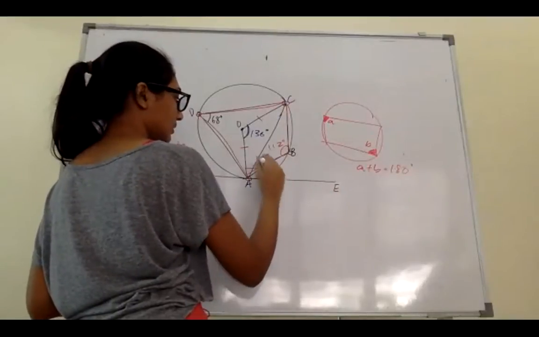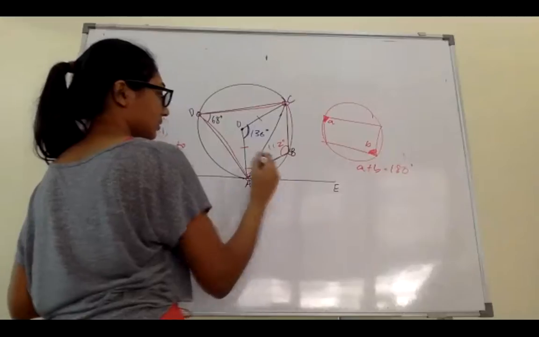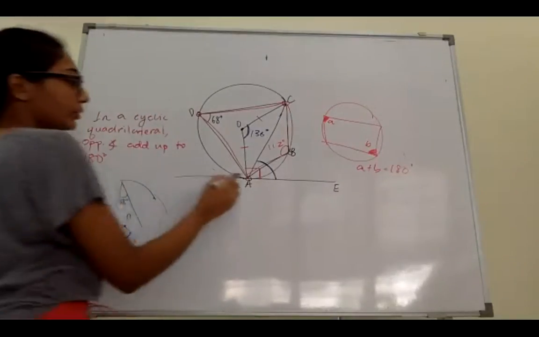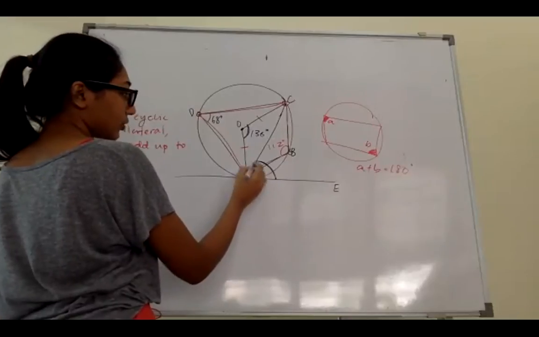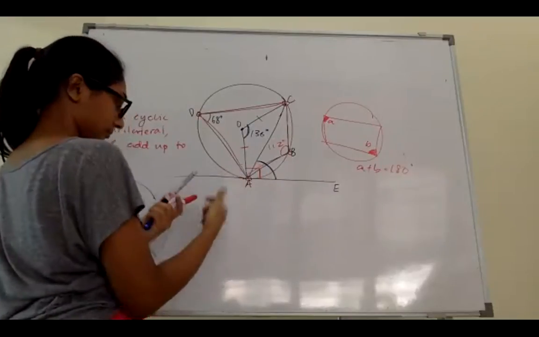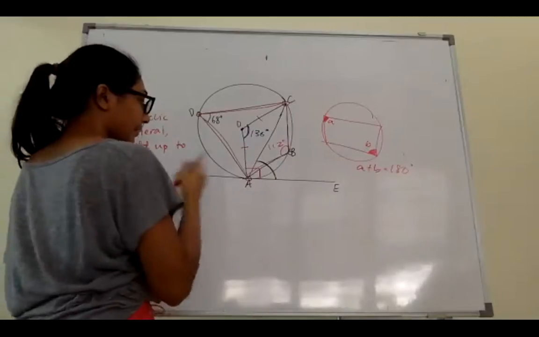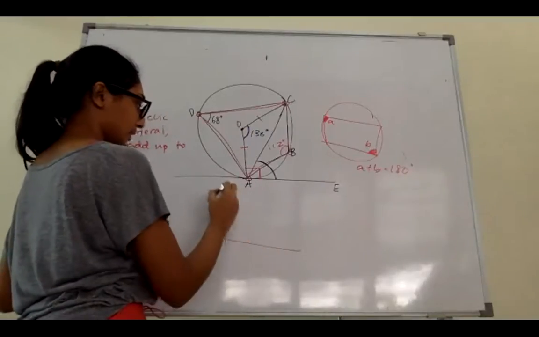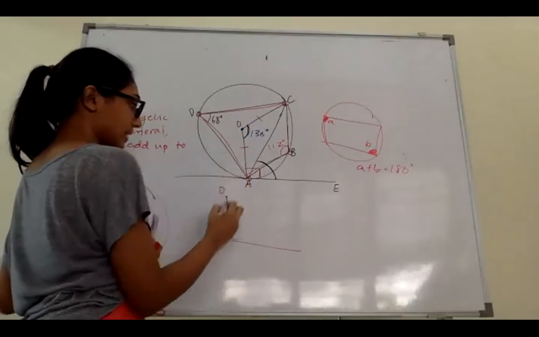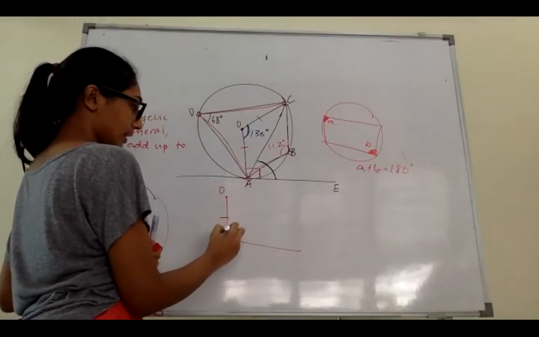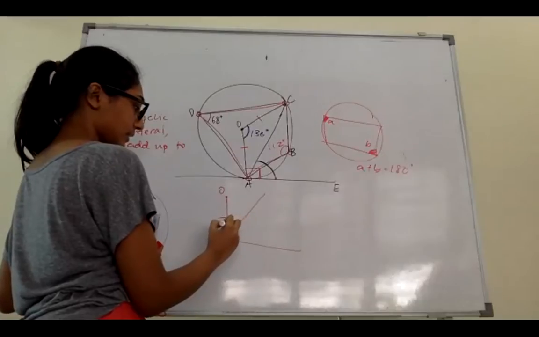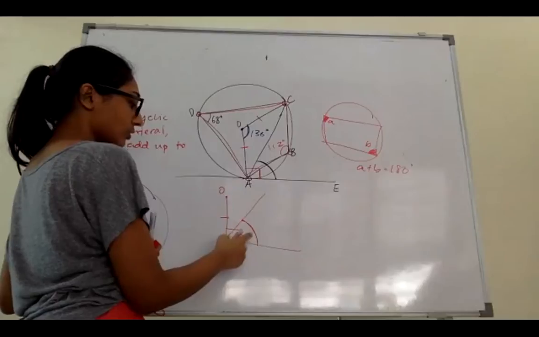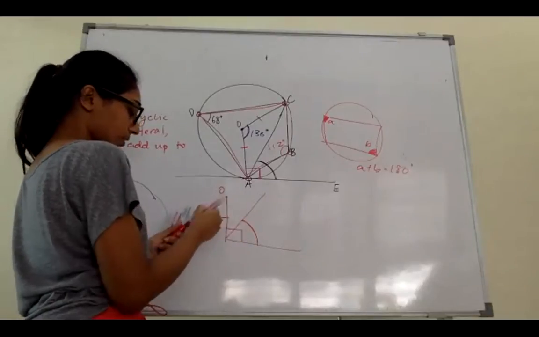So 90 minus 22, right? Wait, in order to know this, I need to know the other one. I have O here, and I have 90 degrees here. I want to know what this is, so I must know what the other one is.